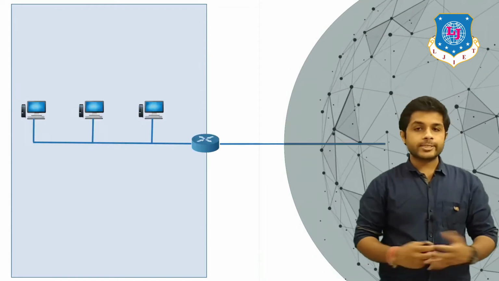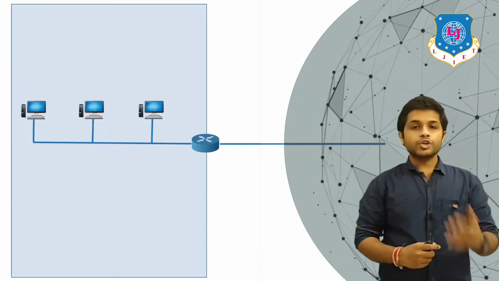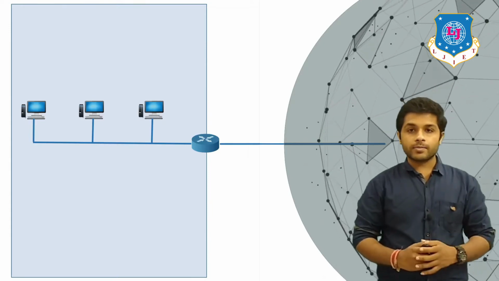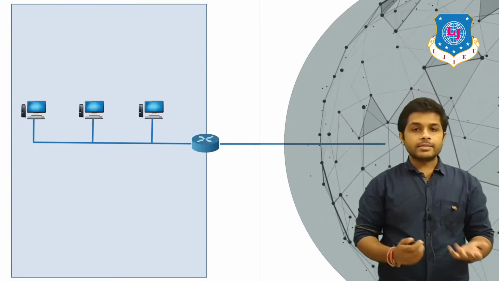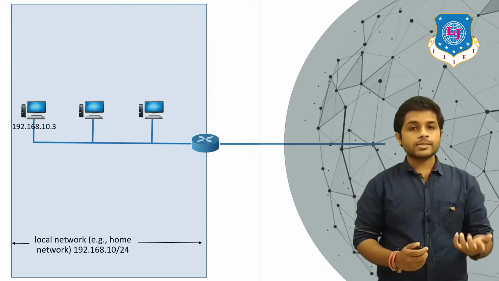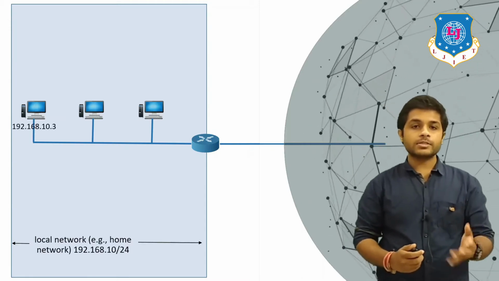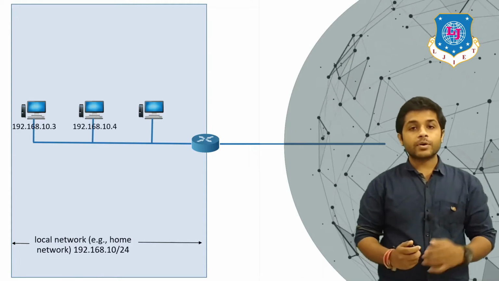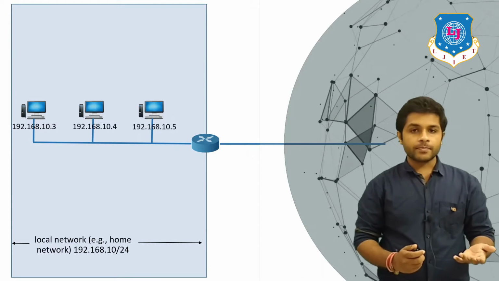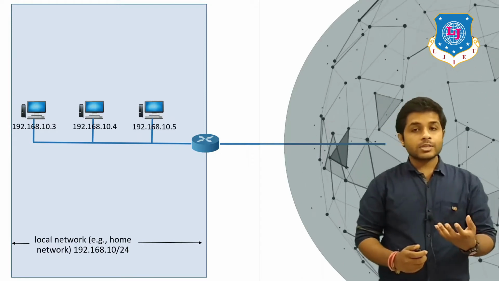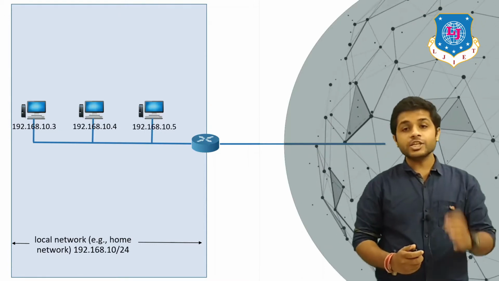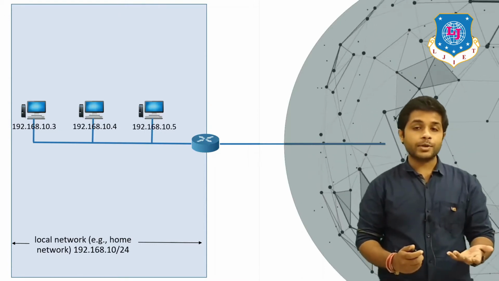Now let's try to understand with an example. You can see on the screen, 3 devices are connected in the local area network, and let's assign IP addresses to them. The first device has IP address 192.168.10.3, then 192.168.10.4, then 192.168.10.5. Routers may have more than 2 interfaces, and each interface will have a unique IP address.